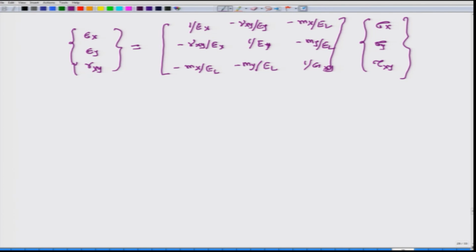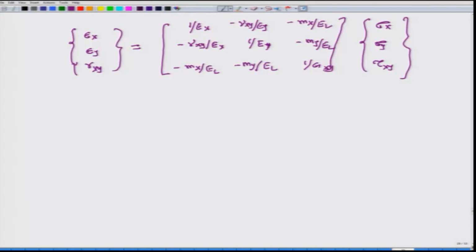So, these are the stress strain relationships for a generally orthotropic material which is in a state of plane stress in terms of engineering constants, engineering stiffness constants of the material, which are E x, E y, E L, m x, m y and so on and so forth.